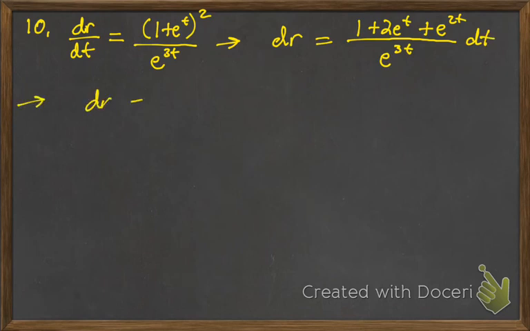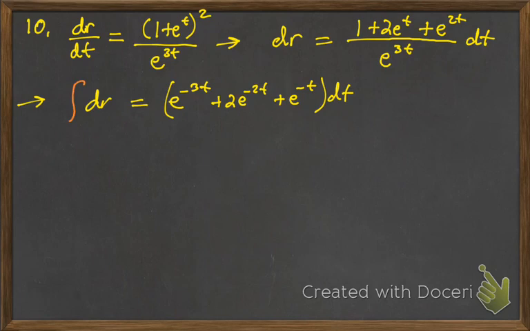Okay, and then we'll go ahead and split that up. So 1 over e to the 3t is the same thing as e to the negative 3t. 2e to the t over e to the 3t would be 2e to the negative 2t, and then e to the 2t over e to the 3t is e to the negative t dt. Lots and lots of t's.